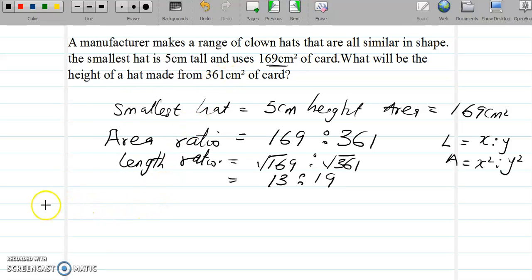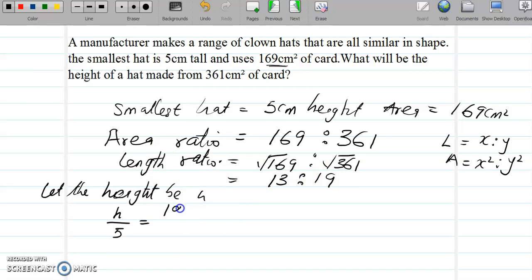Okay, now for us to find the height that produces 361, we say let the height be h. So that means that if I have the height to be h over the height of the smallest one, 5, that would be the length ratio of the big one, 19, over the smallest one, 13.